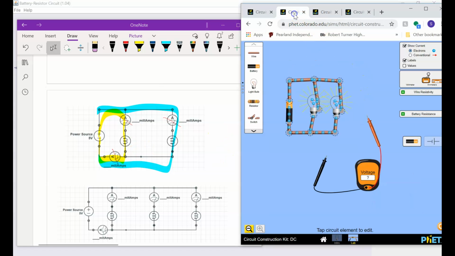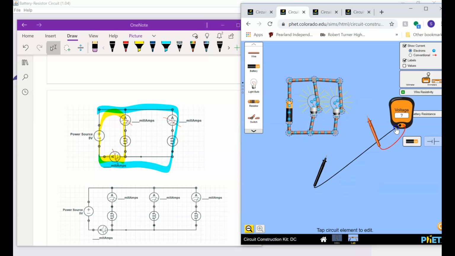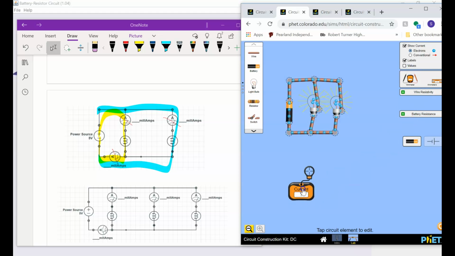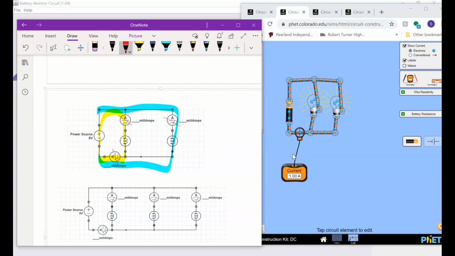So I wanted this one with 2, so I need to measure the current right here at the very beginning. So I'll try and do it exactly where it says. So I want to measure the current right here, and so I get 1 amp. Then it wants to measure the current after the light bulb.